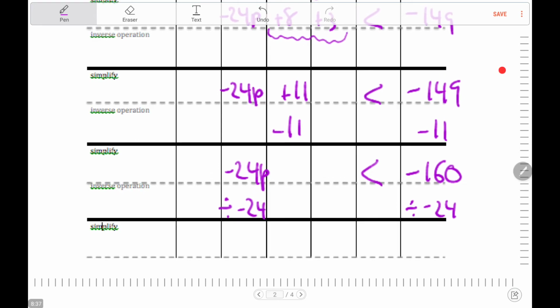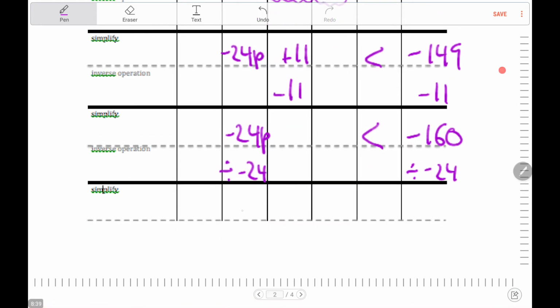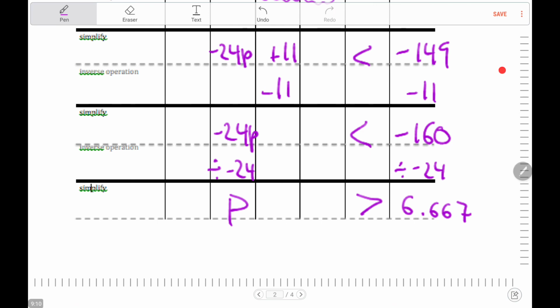Okay, that is p. 160 divided by negative 24 is 6.667. So, here we go. 6.667. Now, did we divide or multiply by a negative? We did, right? Negative 24. So the sign changes, and we have p greater than 6.667.